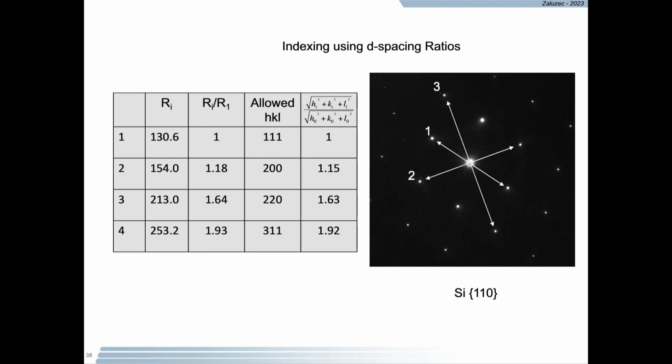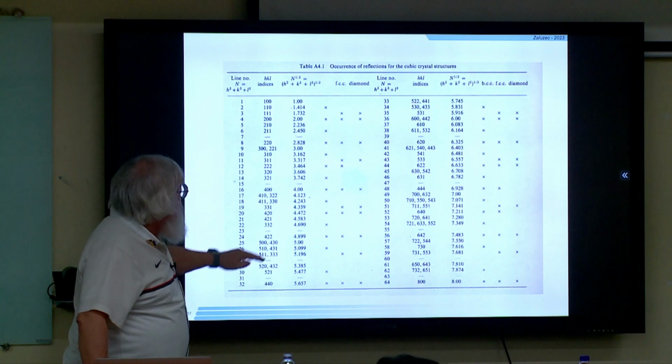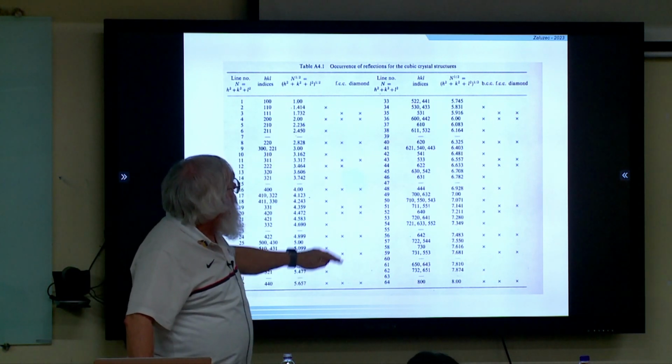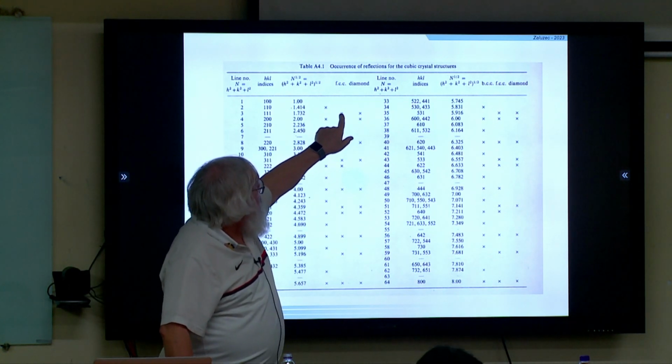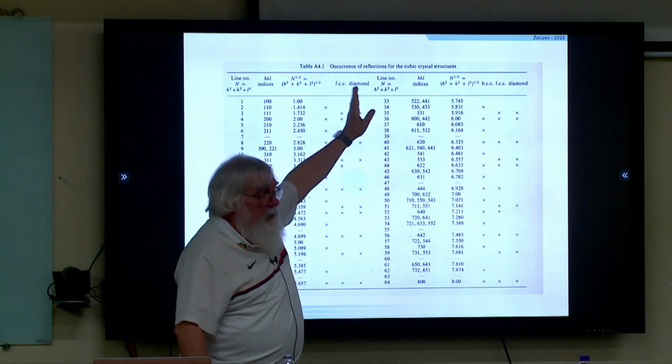I can look at the ratio of R1 to R3. I can then say which of these are allowed reflections. Some reflections are allowed and some are not allowed, depending on the crystal structure, whether it's an FCC, a BCC, or diamond.